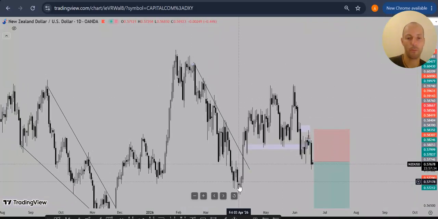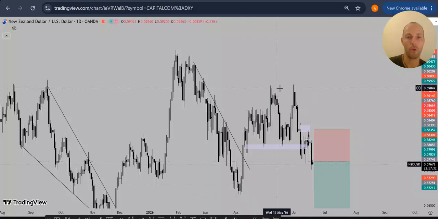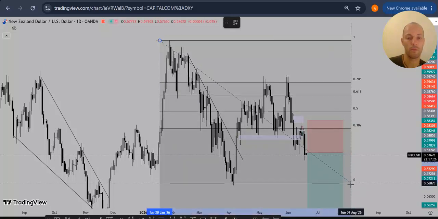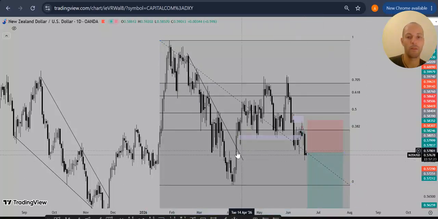Price breaks it to make a correction. Let's measure that with our FIB tool. It comes up to the 70.5 level and reacts, and it creates this support area where it reacts again, retests the area, and then breaks the support, which now becomes resistance.